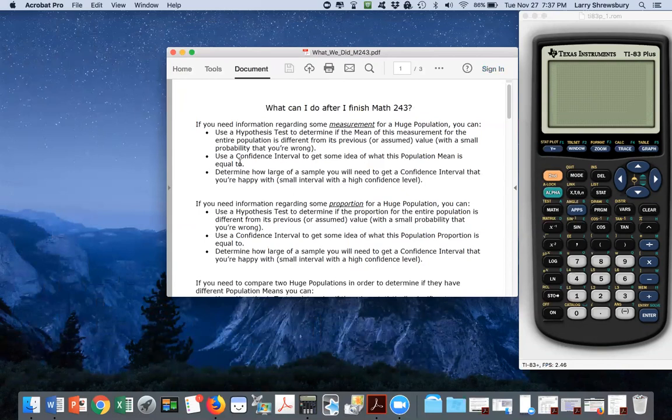And if that interval is too wide, you can determine how much bigger your sample size needs to be to get the confidence interval you'd be proud to have. That would have things narrowed down enough, and you would have the answer to your interesting question about the world, involving what the population mean is for a particular population of quantitative data.